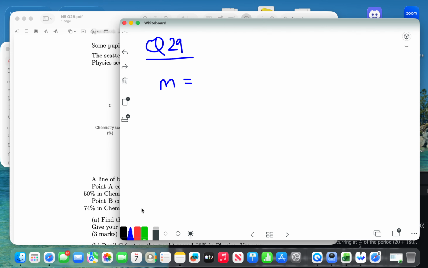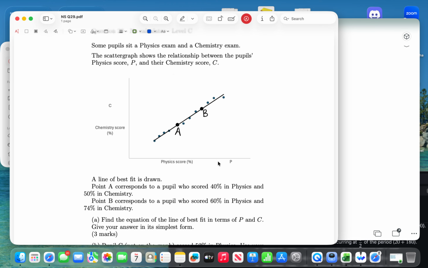Now, normally I'll put this in inverted commas because we're not using y2 minus y1. Normally this is the equation we use, but we've got a c-axis and a p-axis.